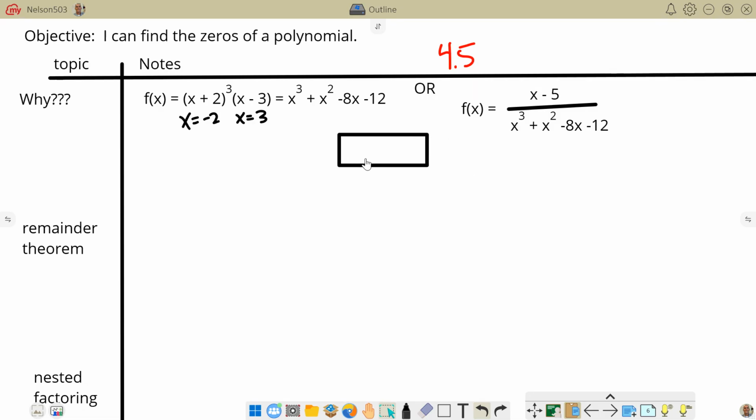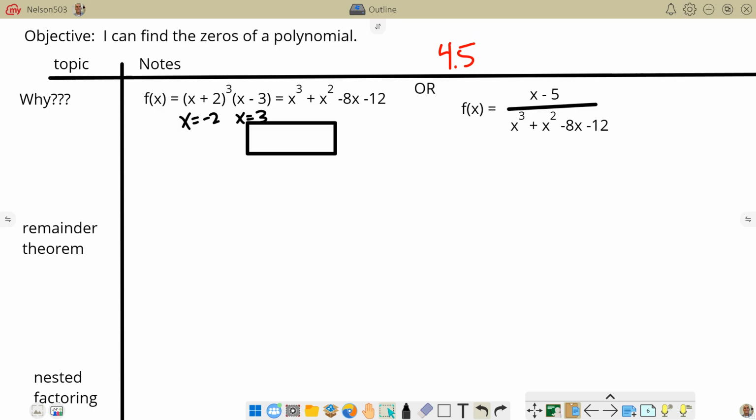So we have some really good reasons for finding these x-intercepts or finding the vertical asymptotes, and we don't have to use any kind of factoring techniques to do that. We can use some other ideas when it is maybe beyond our factoring skills.